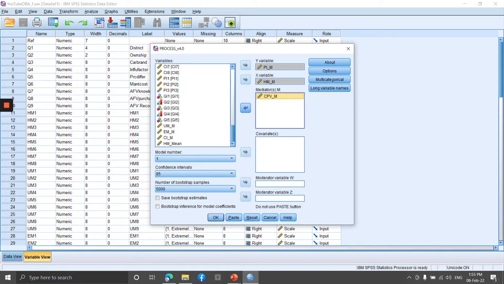Now please remember, you have to test the mediating effects of 3 relationships. Why? Because there are 3 independent variables. If you do it in SPSS AMOS or SmartPLS, you can simultaneously test the mediating effects of all these 3 relationships at one click, but in this particular method, at a time you can test the mediating effect of CPV on the relationship between one independent variable and one dependent variable.